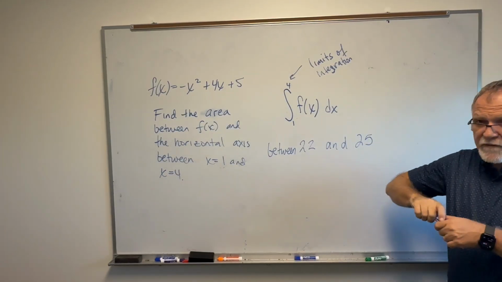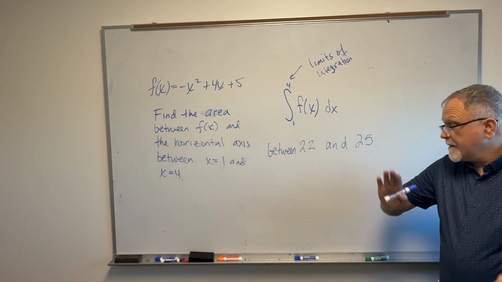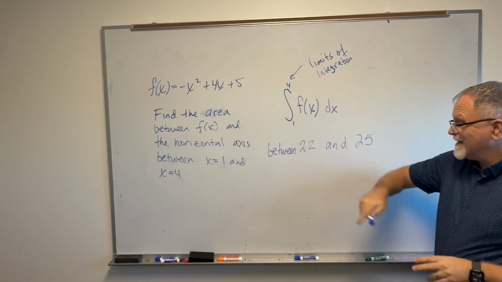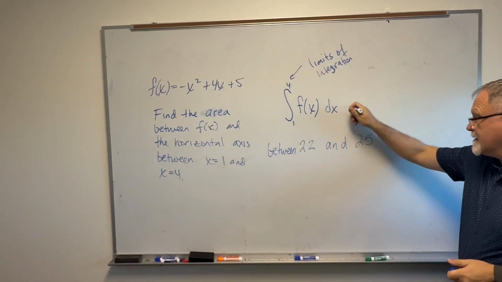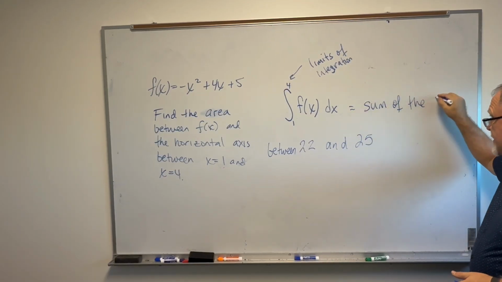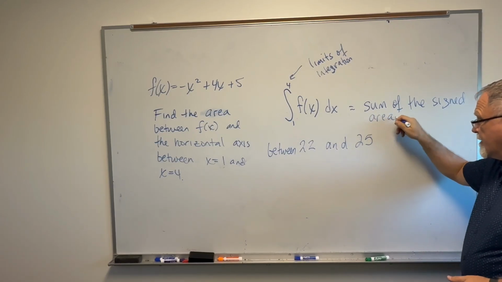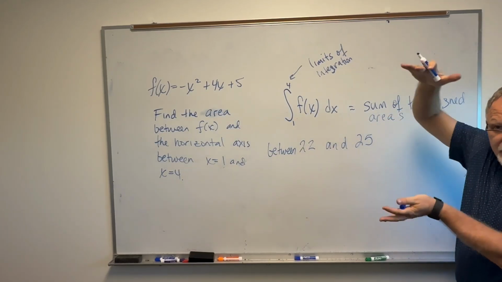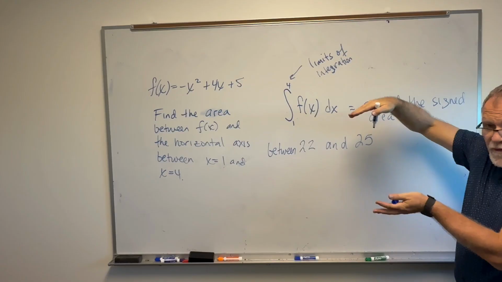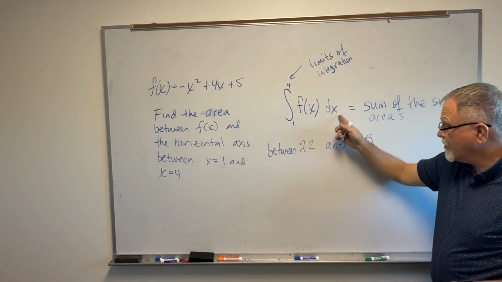Taken together, if you've got a graph that goes above and below in the same interval, then this becomes the sum of the signed areas. So it takes all the area above the horizontal axis, and then subtracts all the area below the horizontal axis on the interval, and that's what this will calculate for you.